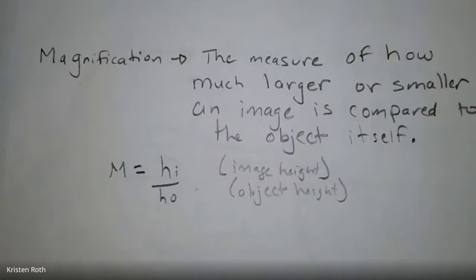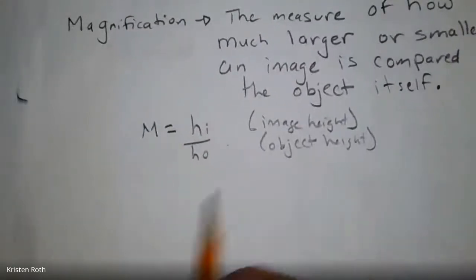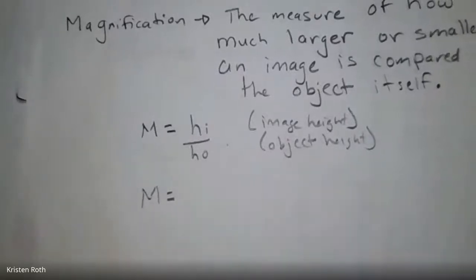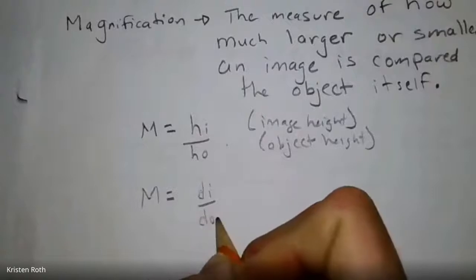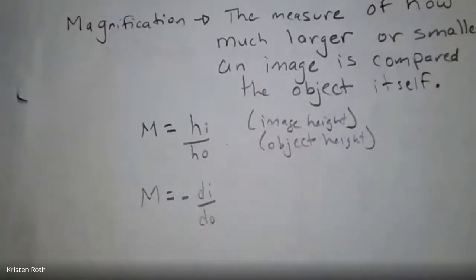Now the other one is the same thing. We're going to end up using these together as well. Magnification is di over do, but this is where this one gets tricky. It's di over do, but there's a negative in front of this one.